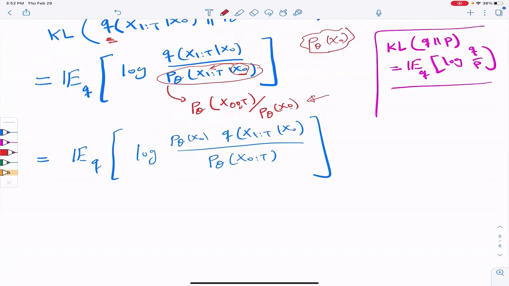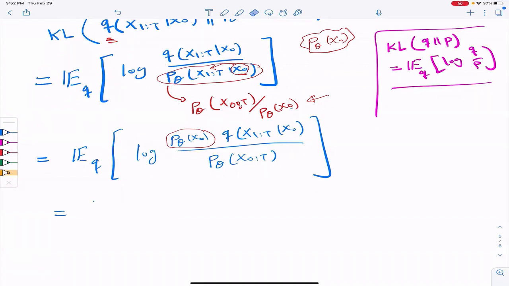If you look at this term, p theta of x0, it doesn't depend on my q, so I can bring it out of my expectation.